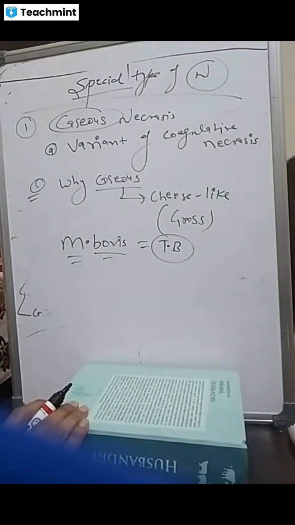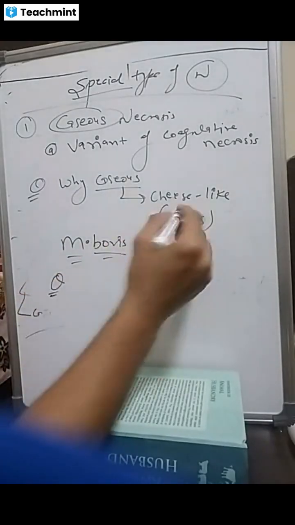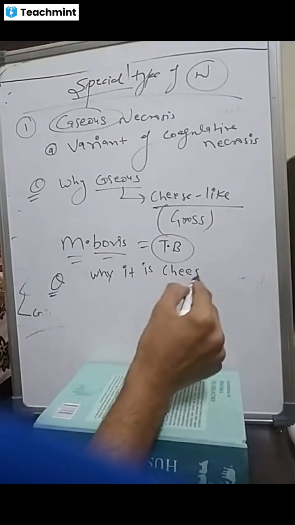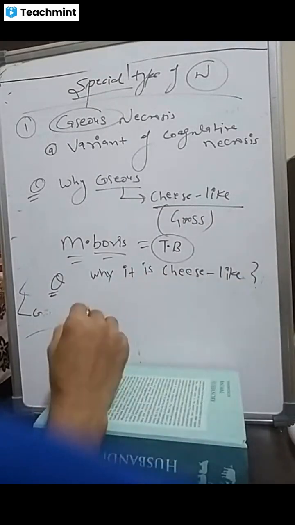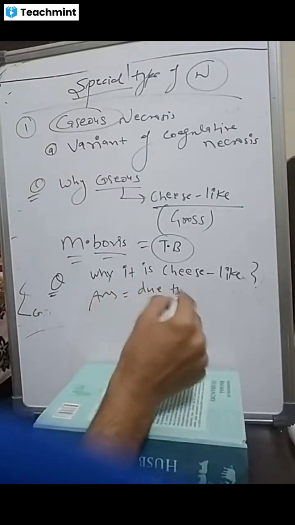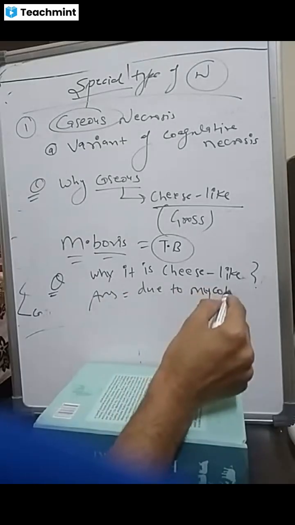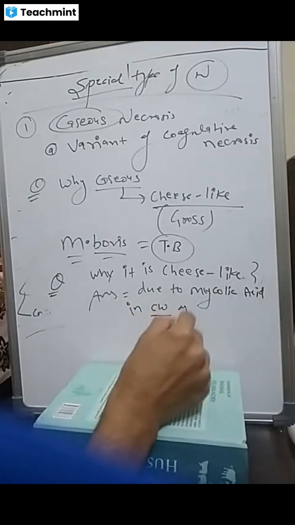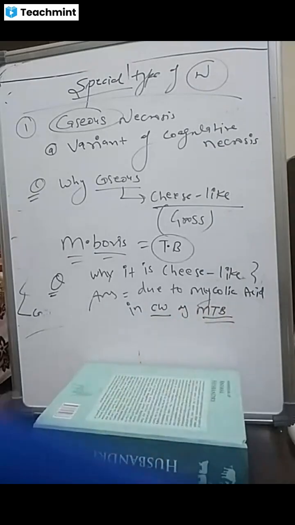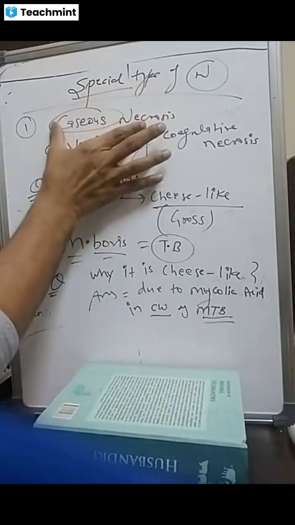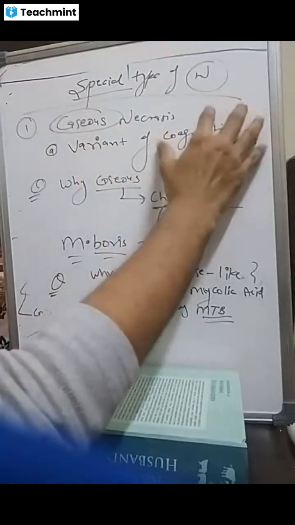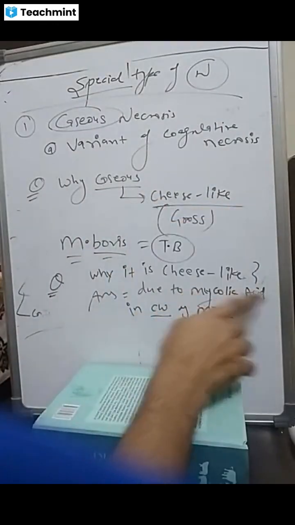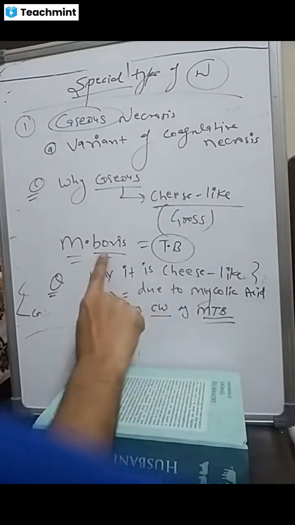Why is it cheese-like? Due to mycolic acid in the cell wall of the bacteria, M. bovis.